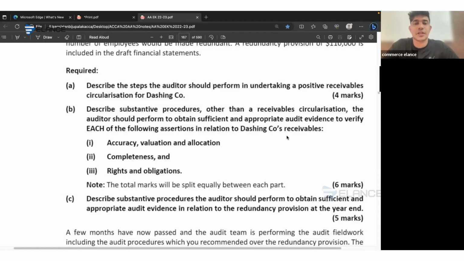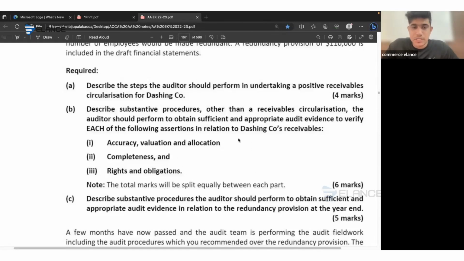So we have not got anything in the scenario. Instead, they are directly asking for substantive procedures to confirm accuracy, valuation, allocation, completeness, and rights and obligations. And they have told us that we will be getting equal marks for each of these areas. So 6 marks will be equally split between these areas.